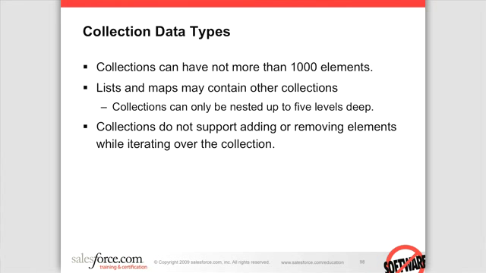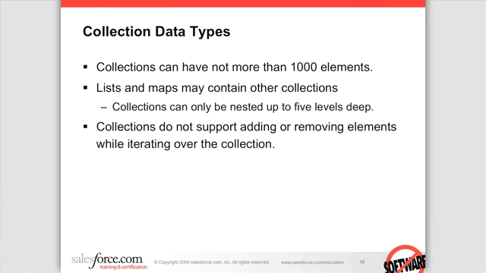Collections cannot have more than 1,000 elements. There's an asterisk to that if you remember back to our governor limits. If the size of our input set is greater than 40, then we can have 2,000, so that does scale. Lists and maps may contain other collections, so we can have multi-dimensional collections, 5 levels deep.